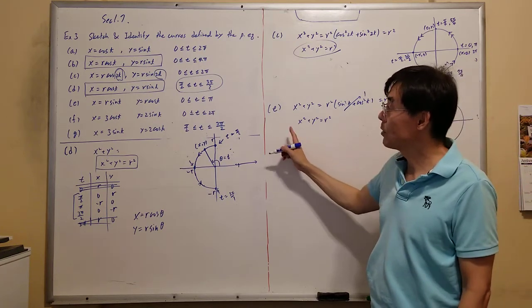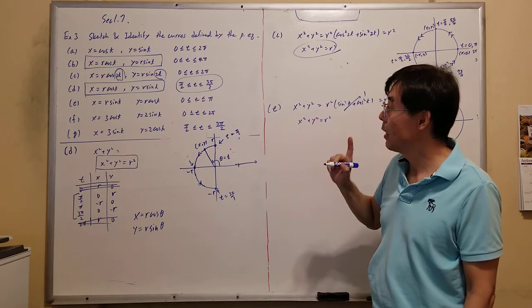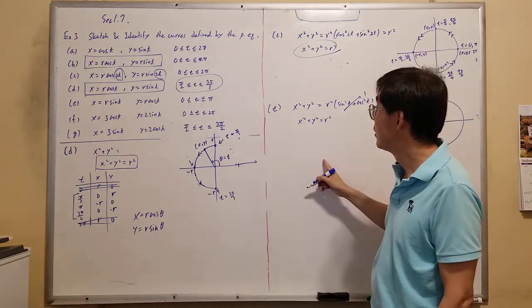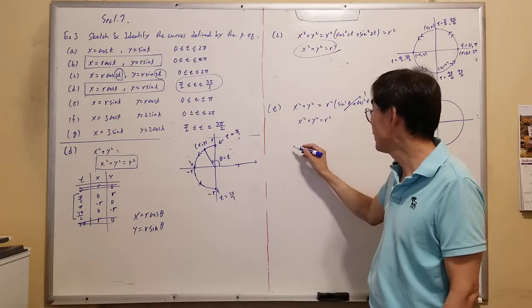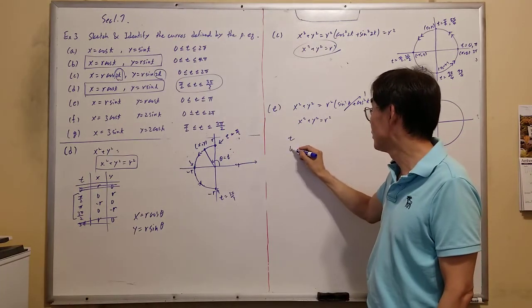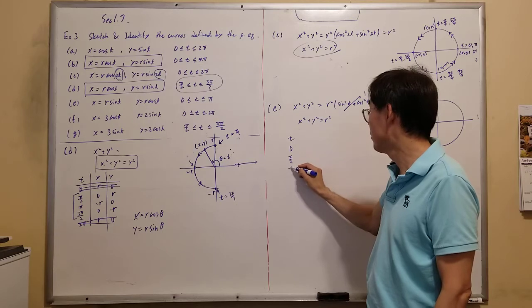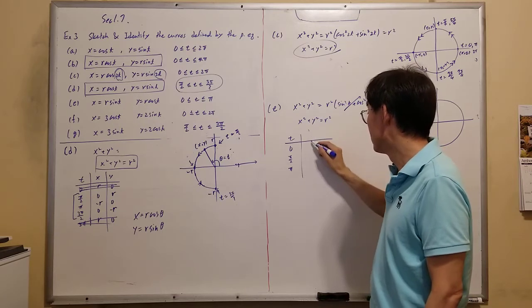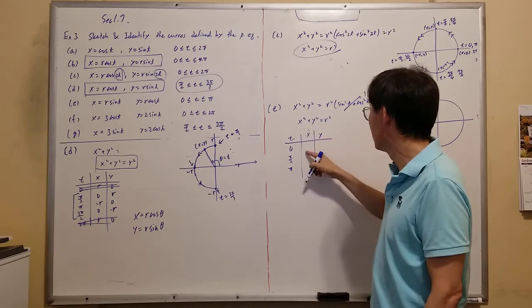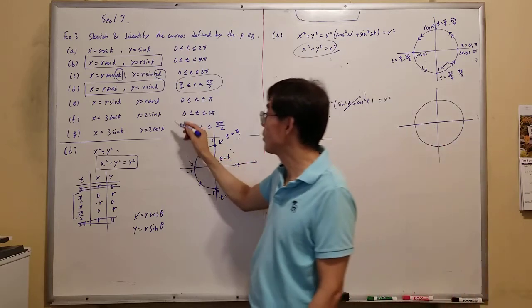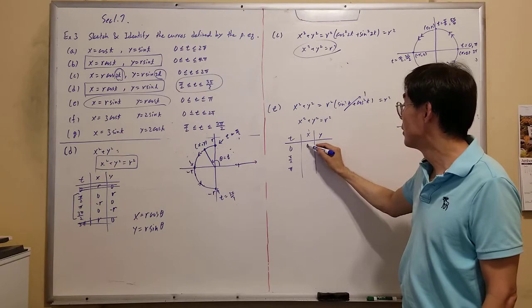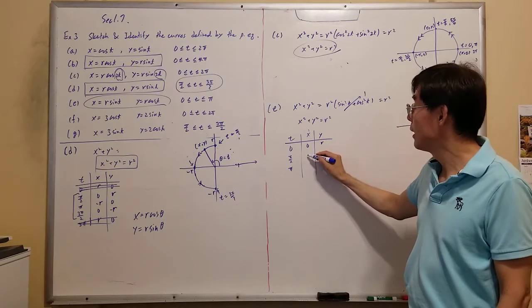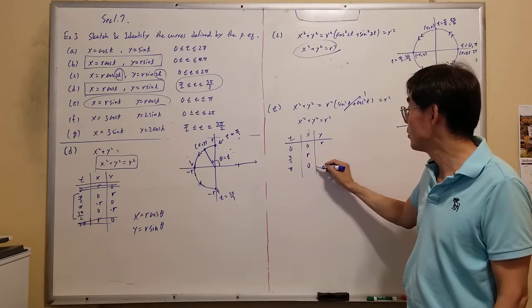So what's the difference between E and B? First of all, 0 to pi. And t is 0, pi over 2 and pi, x and y. When x equals 0, 0, and then r back to 0.